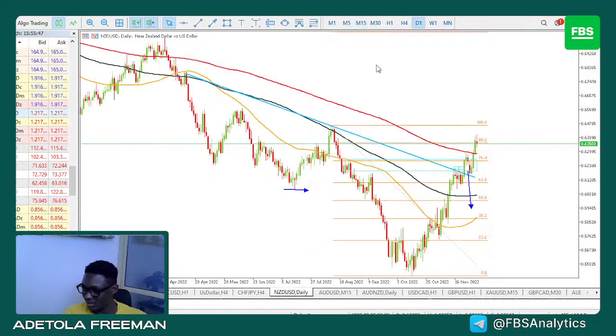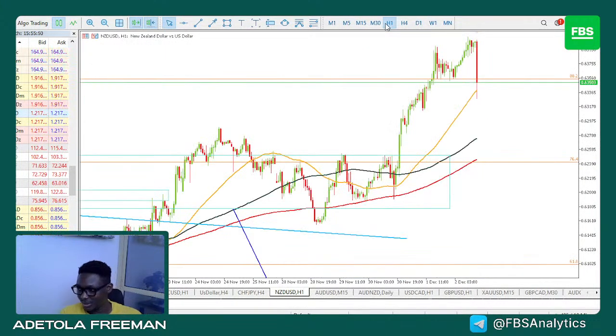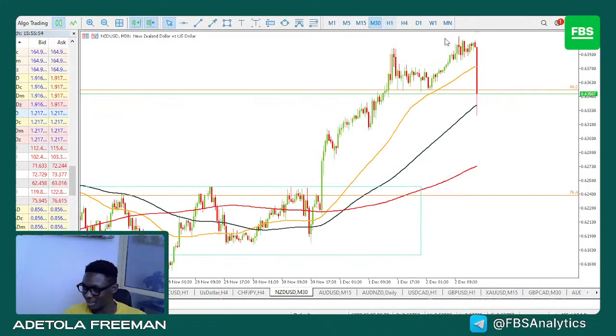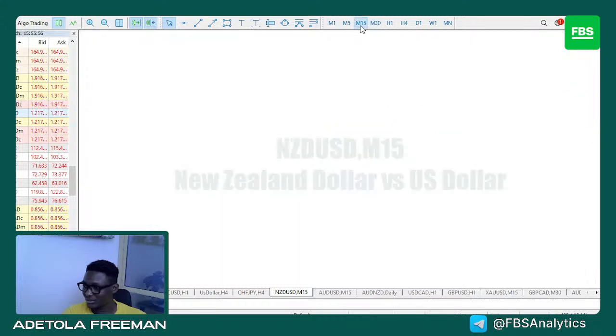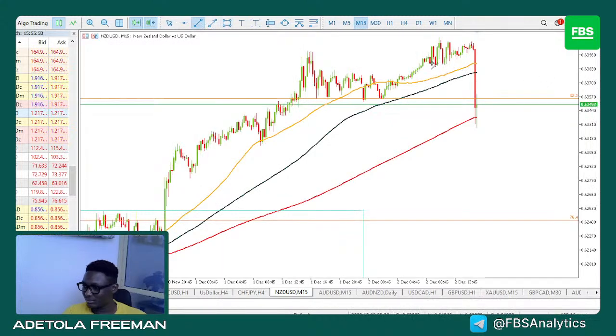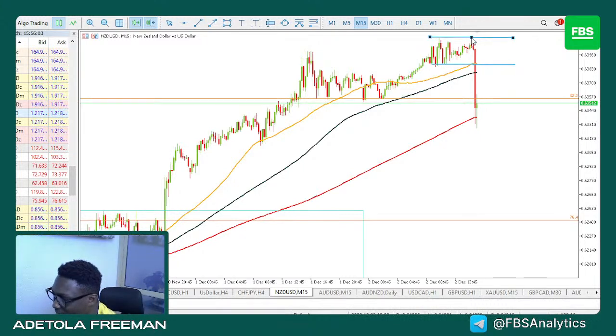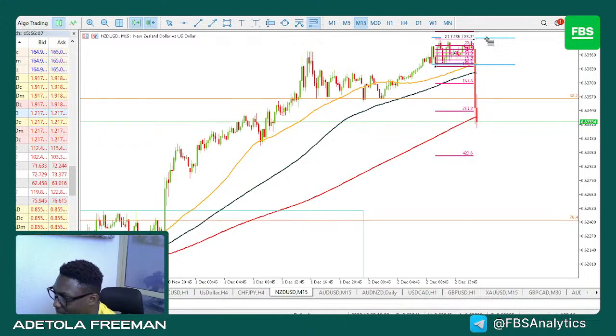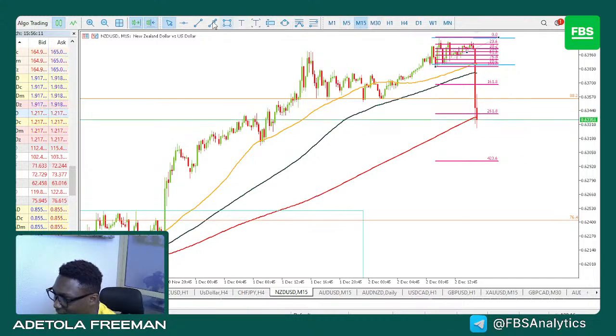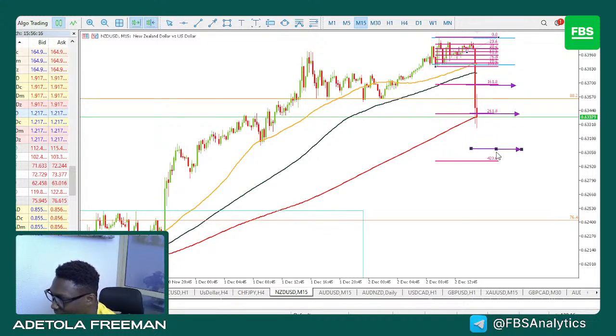So NZDUSD, we already looked at NZDUSD, the consolidation, the breakout. This was the area of consolidation, and then we got the breakout. Basically for NZDUSD, as you can see, this would have been my TP1. This is TP2 already, and then this would be TP3.